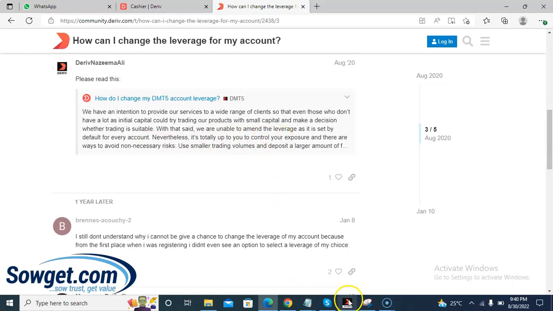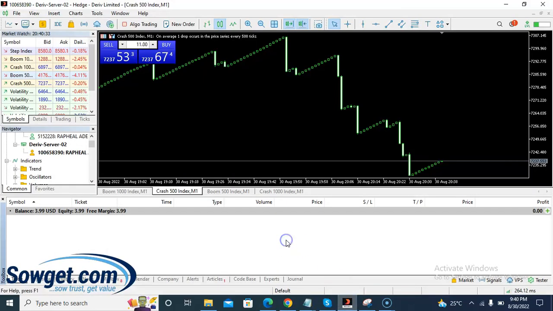So what this means is that Deriv company has not disclosed the leverage on MT5 on any of the boom and crash indices, which is unusual. Unlike other brokers, for forex brokers, you can actually change the leverage on your accounts to a higher or a lower leverage.